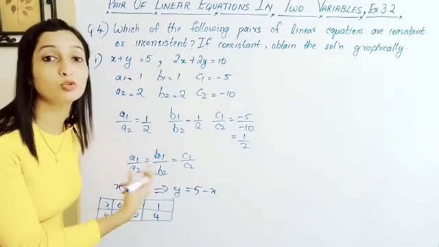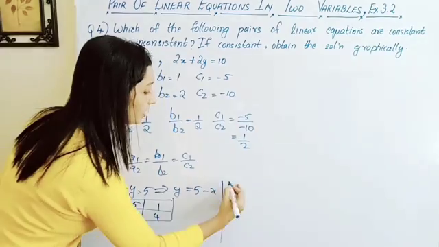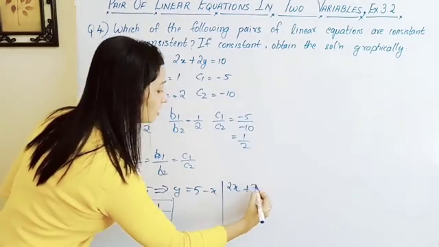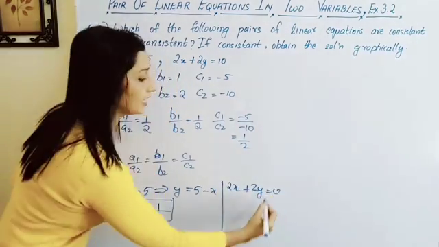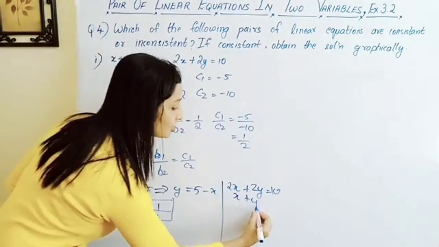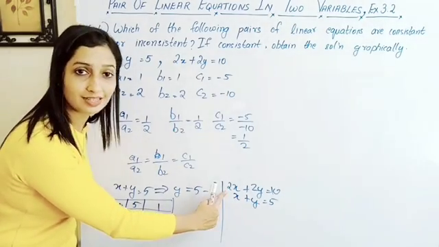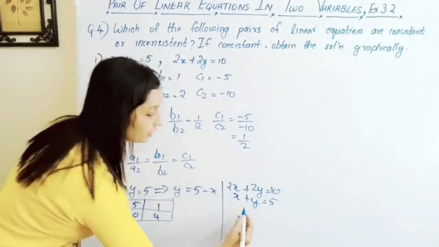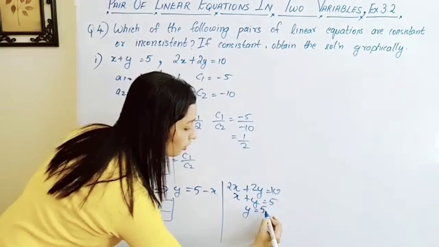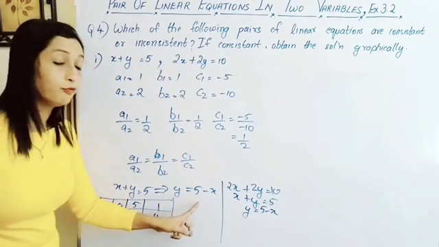Now let's find out the solution set for the second equation. Now what is the second equation? The second equation is 2x plus 2y equals 10. Now this equation can be written as x plus y equals 5. How did I get that? I just cancel the 2. So here you get y is equal to 5 minus x, which is the same as our first equation.